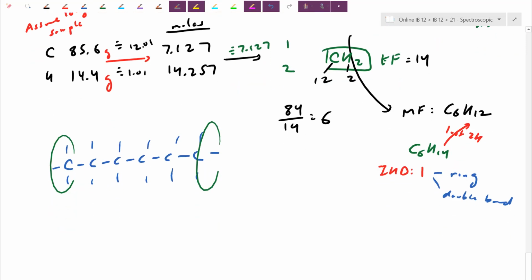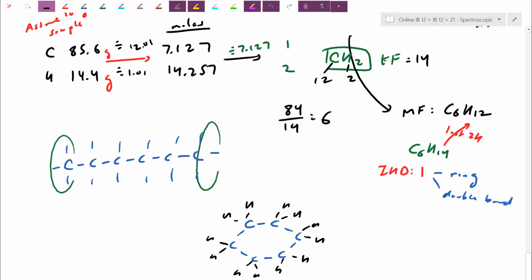The only choice that I really have here is maybe I have a cyclohexane ring, and therefore I have all 12 H's in the same environment, and therefore probably this structure here. Okay, so you just try to do it by deduction here, see if you can figure out what you have present, and therefore I have some evidence for this being cyclohexane.